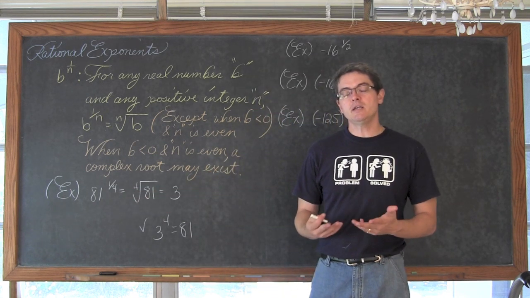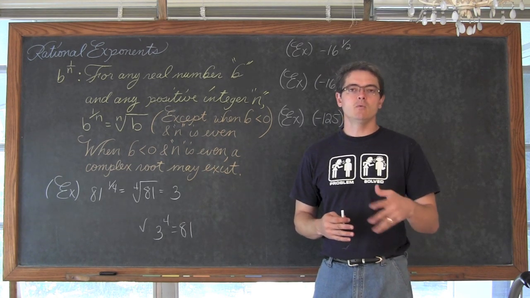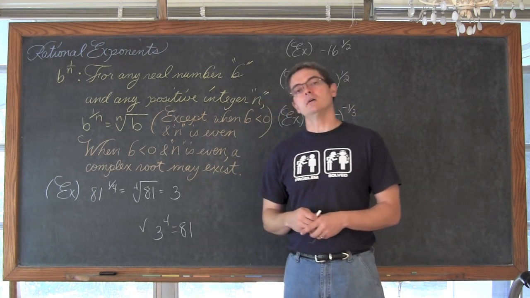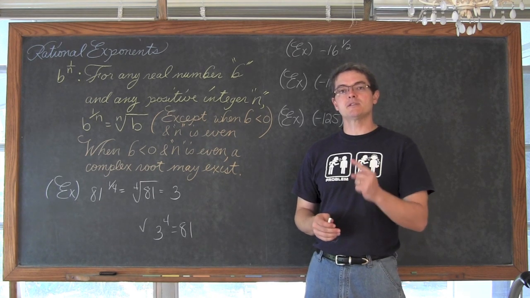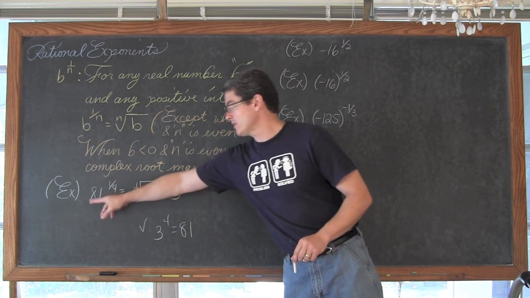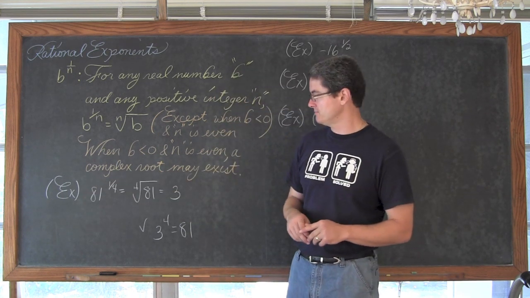So even though when you take an even root of a value there are technically 2 possible answers, you want to follow the notation that's in the book. If you introduce your own even root, then you do need to include both the positive and the negative answer. So I'm going to say that this is simply 3 because nothing was indicated out front about whether we wanted a positive or negative answer.